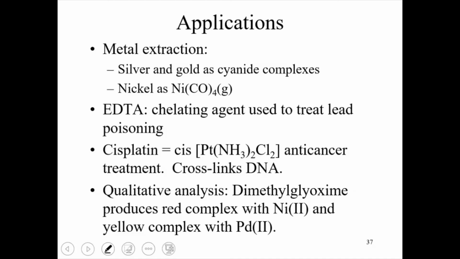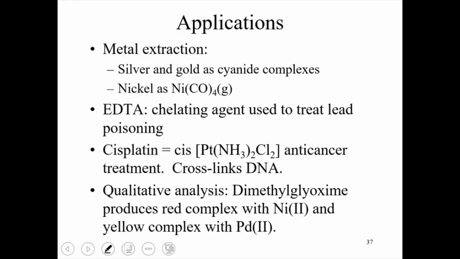The cis isomer of this is a flat structure that causes DNA molecules to get cross-linked. The idea is that rapidly replicating DNA, as in cancer cells, will be more susceptible to it, and that's how you get those cancer cells killed.